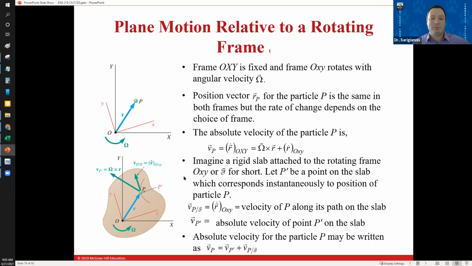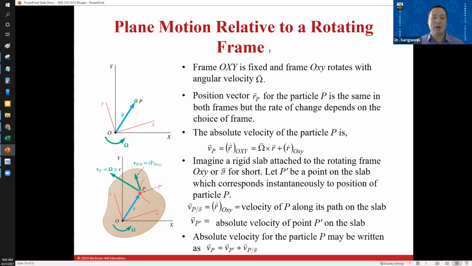Let's see. VP is a combination of VP prime, which is omega cross R. So this is the component that's due to the object rotating, right?